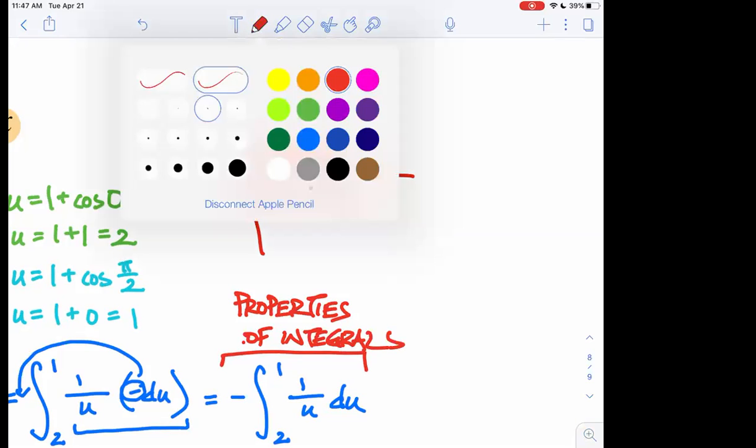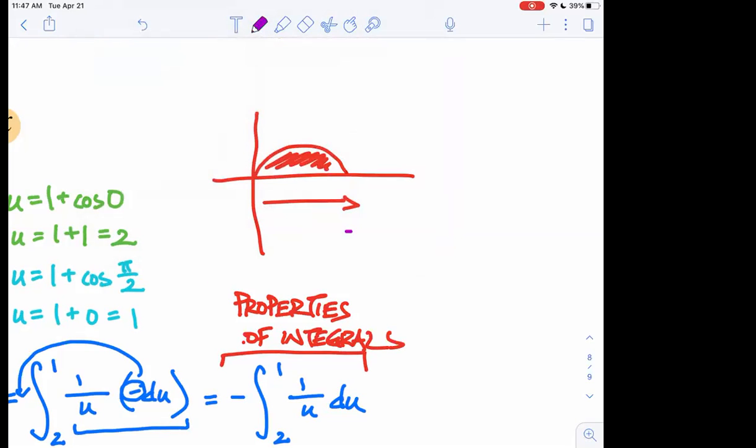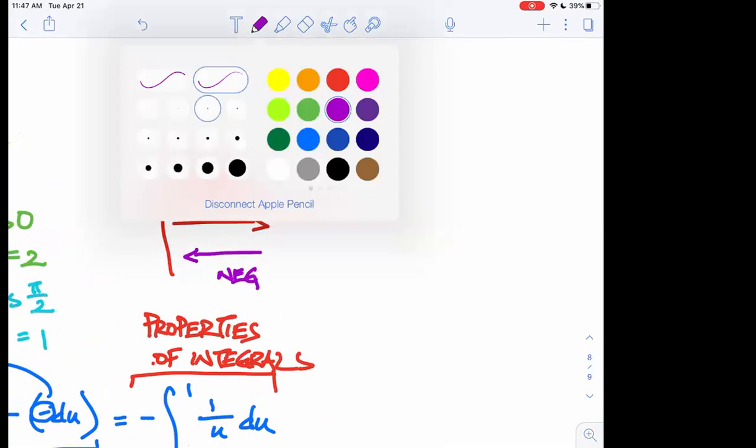But there is a property that says if I change my perspective, I go back in the other direction, now that area is going to be negative. Another way of saying that is like this.